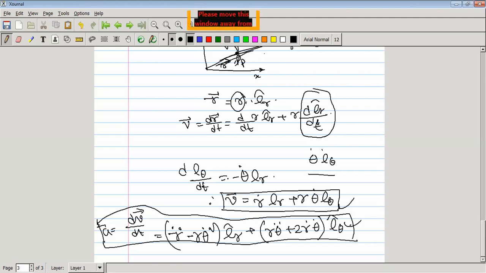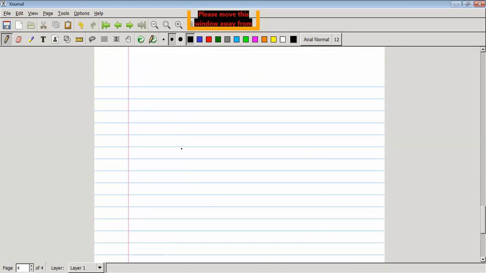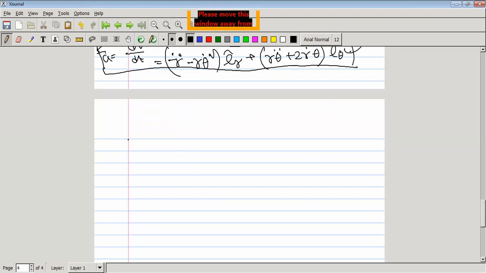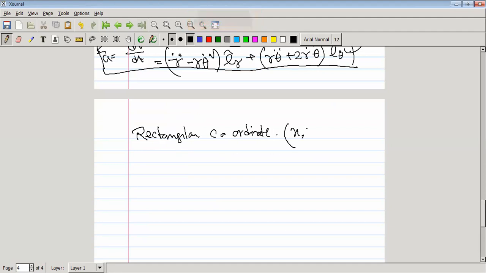Remember for any coordinate system, a rectangular coordinate system, we define x, y and z.